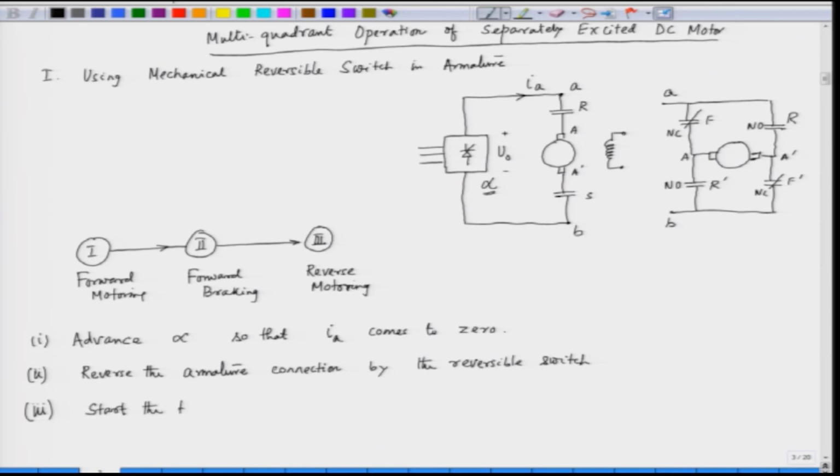the braking at maximum value of alpha and gradually reduce alpha.